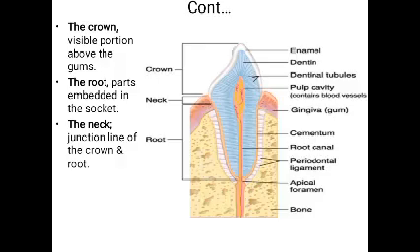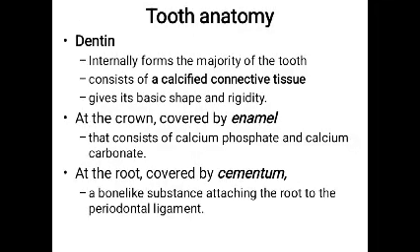This is the diagram. The crown is the visible portion above the gums. The root part is embedded in the socket. The neck is the junction line of the crown and the root. Tooth anatomy: dentin internally forms the majority of the tooth.